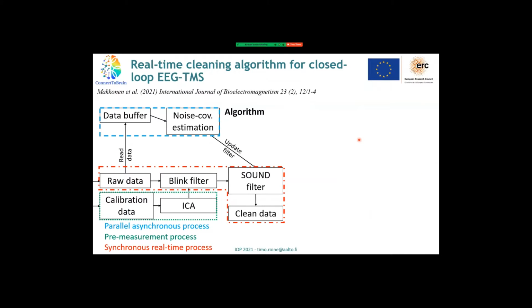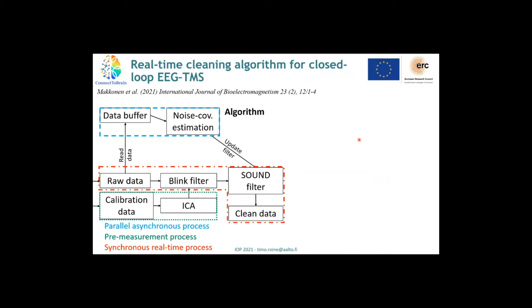In addition, real-time cleaning algorithms for the closed loop EEG-TMS have been developed. This real-time algorithm consists of two consecutive spatial filters. The first filter removes ocular artifacts based on the ICA, independent component analysis, using short calibration data that has been measured before the actual experiment.